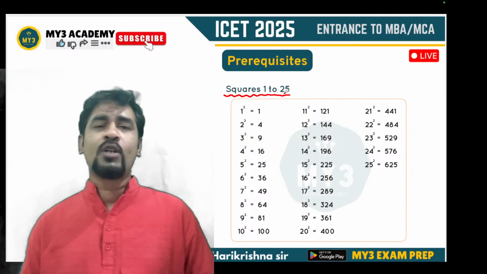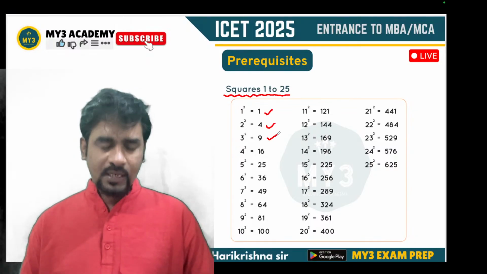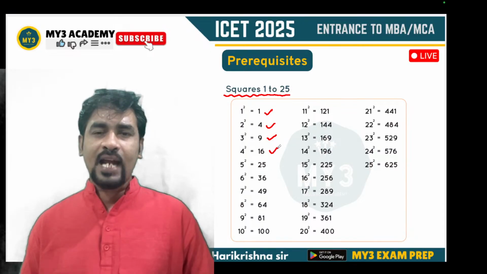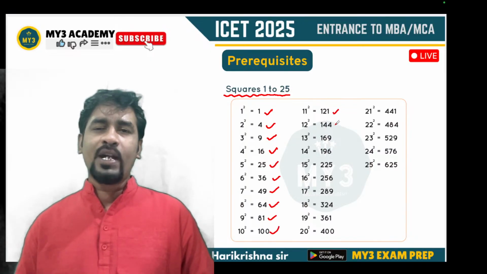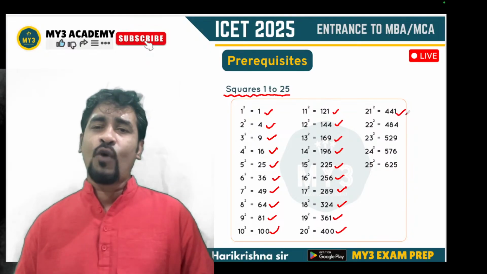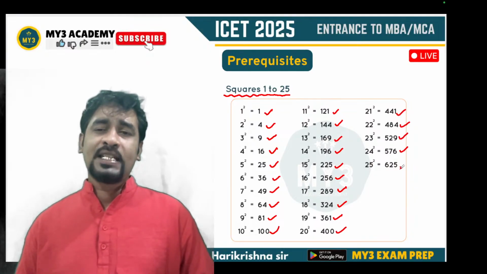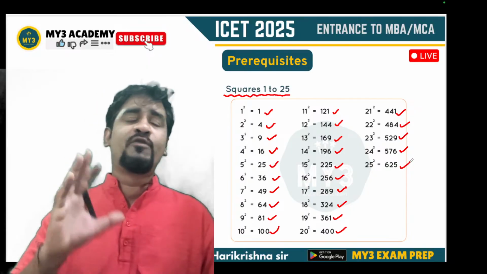Please do remember 1 to 25 squares. 1 square is 1, 2 square is 4, 3 square is 9, 16, 25, 36, 49, 64, 81, 100, 121, 144, 169, 196, 225, 256, 289, 324, 361, 400, 441, 484, 529, 576, 625. If you remember all these square numbers, you will feel very comfortable solving.